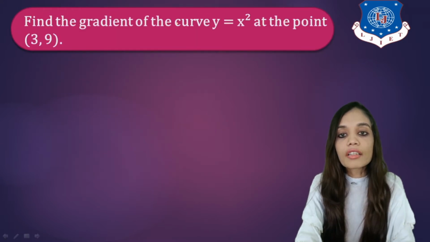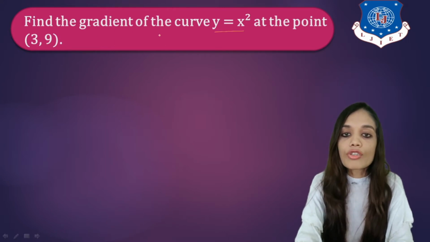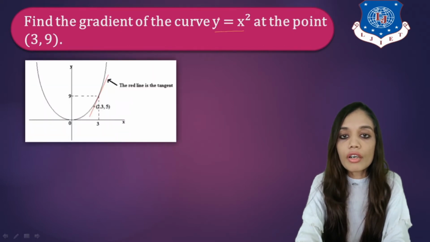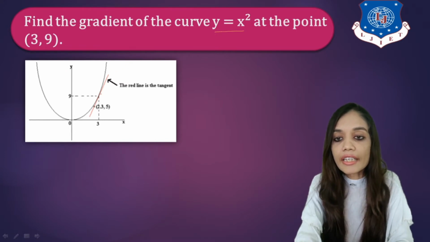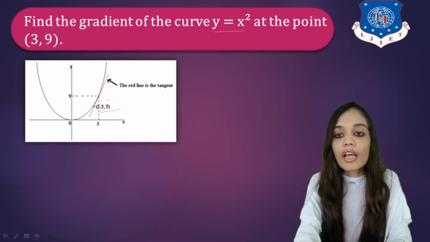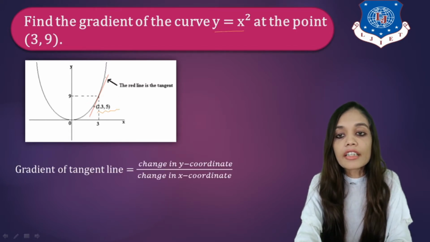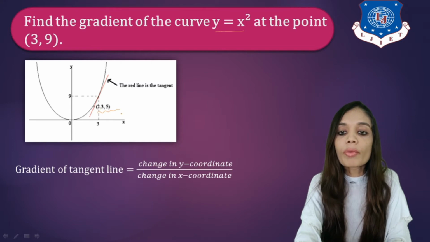To find the gradient of the curve y = x square at the point (3, 9), firstly let us draw the curve y = x square, which is a parabola, and a tangent line at the point (2.3, 5). You can take any arbitrary point. Now let us find the gradient of this tangent line using 2 points (3, 9) and (2.3, 5).